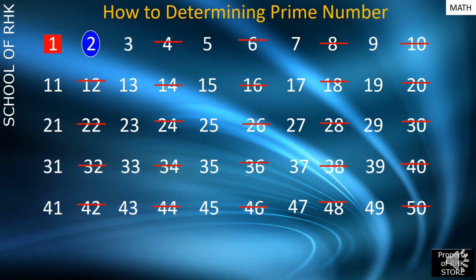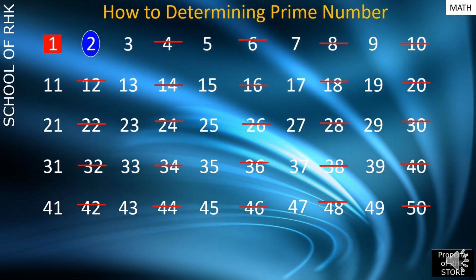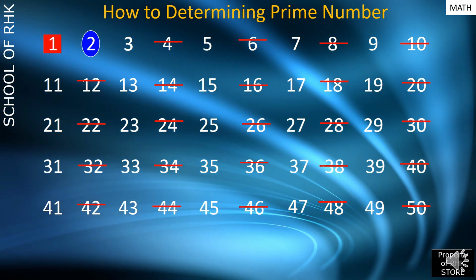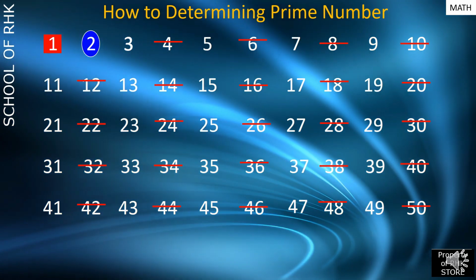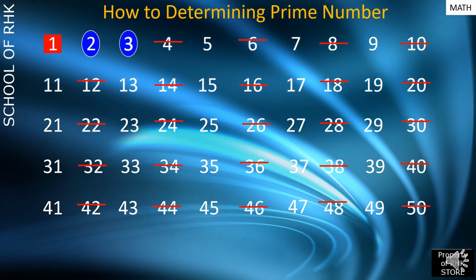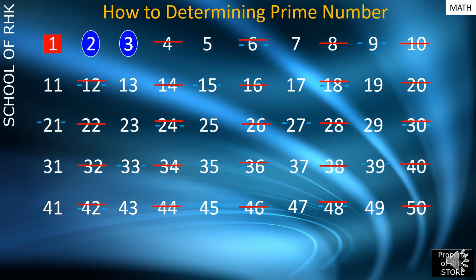Let us go to the next number which has not been cancelled yet, that is 3. Let us mark 3 as a prime number. Now, let us cancel the multiples of 3.